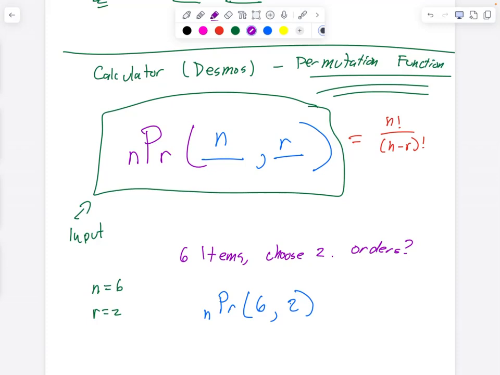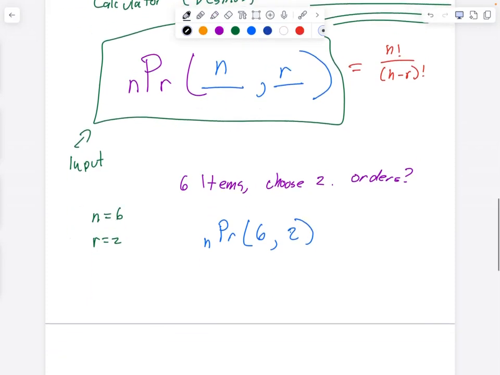Let's do one final example, and then we are done. I want to use permutation notation. So there are 7 students. We are selecting 3. How many possible orders?